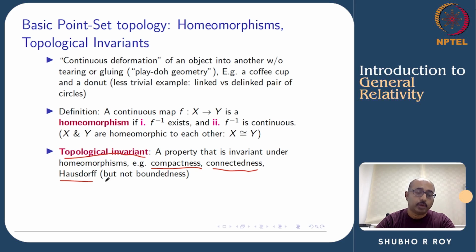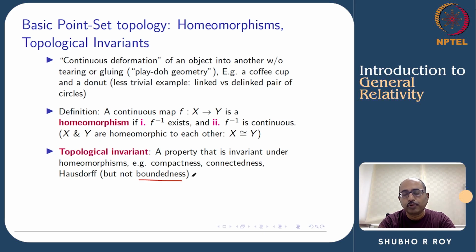There exist many others. I'm not going to list all of them, but these are three prominent examples: compactness, connectedness, and the Hausdorff property. These three properties are topological invariants. One prominent counterexample is boundedness, and I will give one example in which it will become obvious. For example, the open interval (a, b), where a and b are finite, this open interval will be homeomorphic to the full real line.